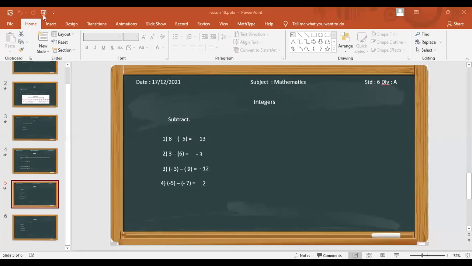Okay. So the rules were: when there are two numbers with both numbers having a negative or positive sign, then we have done the addition of those numbers irrespective of the sign, and we have given the answer the sign which the numbers have.